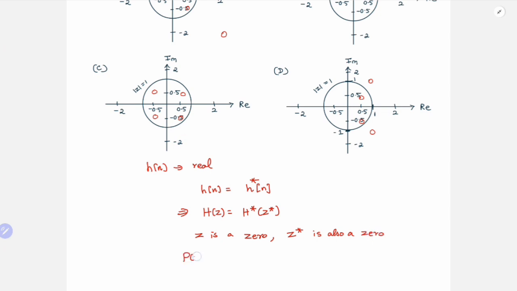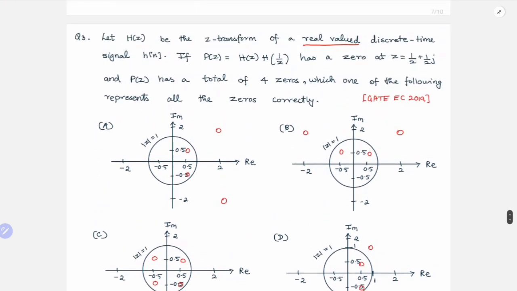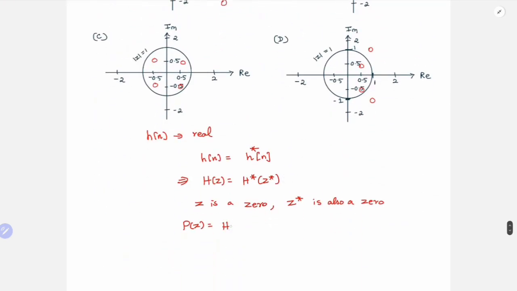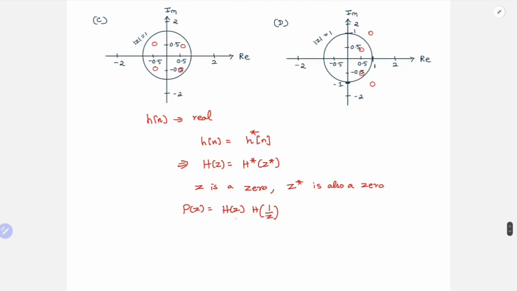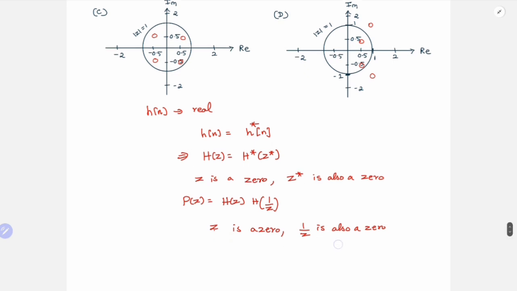And you have P of z given by H of z into H of 1 by z. So if z is a zero, then 1 by z is also a zero, because if H of z is equal to 0 at z, your H of 1 by z will be equal to 0 at 1 by z. Correct? So from this condition, we know if z is a zero, 1 by z is also a zero.